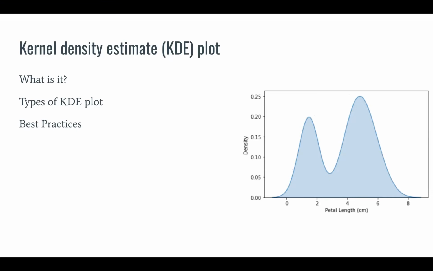And there are several types of KDE plots, including univariate KDE plots and bivariate KDE plot. So what univariate KDE plot does is it shows the distribution of a single variable, while the bivariate KDE plot shows the joint distribution of two variables.